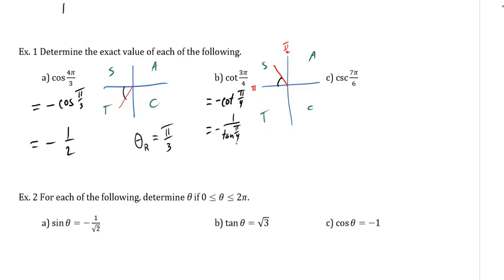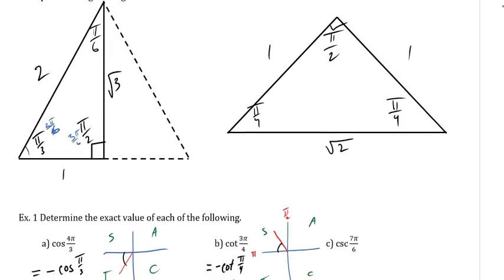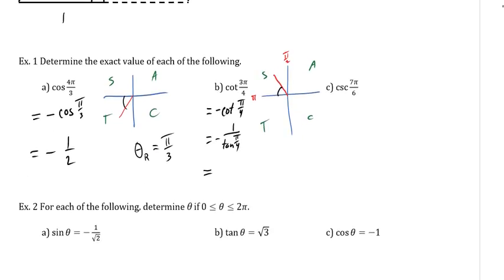You don't have to show both those steps. But is everybody okay with that? What is the tan of pi by 4? 1 over 1, which is 1. So this is negative 1 over 1, which is just negative 1.